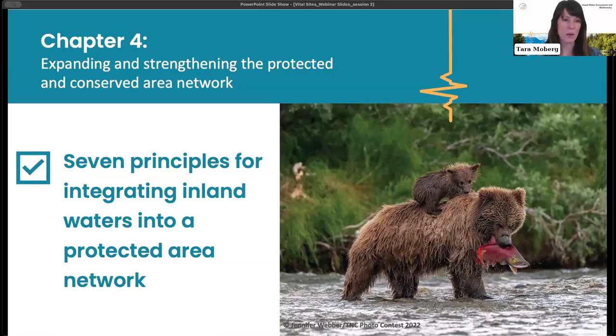I'll talk a little bit more about that later. A second area is around conservation planning and really using, as Michelle shared, a watershed unit when you're approaching systematic spatial planning. And the report in table 4.2 includes data sets that can help you do that in your geography of focus.